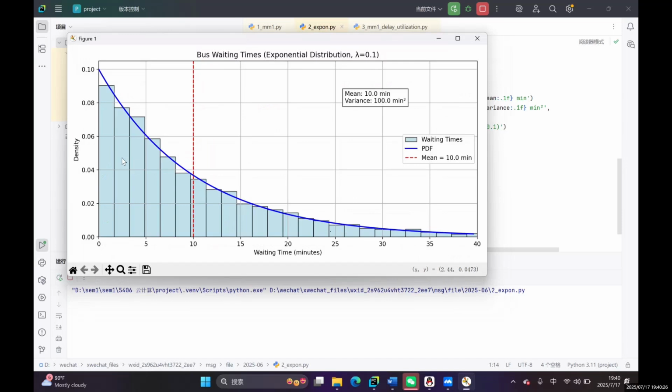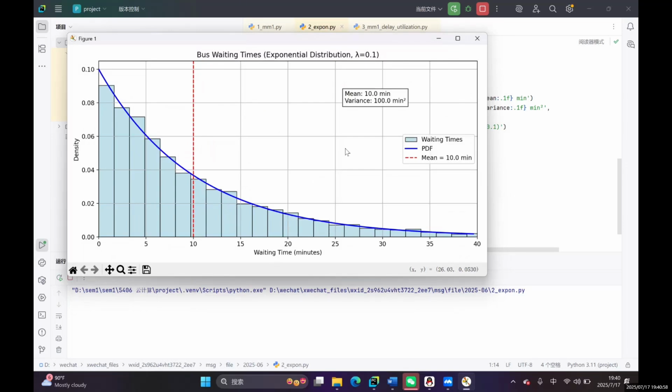The light blue bars represent the simulated waiting times, and the blue line is the theoretical PDF curve. From this picture, I can see that most people wait less than 10 minutes, and there is a steep drop-off, meaning longer waits are less frequent. This picture closely follows the theoretical line, proving the simulation is valid.